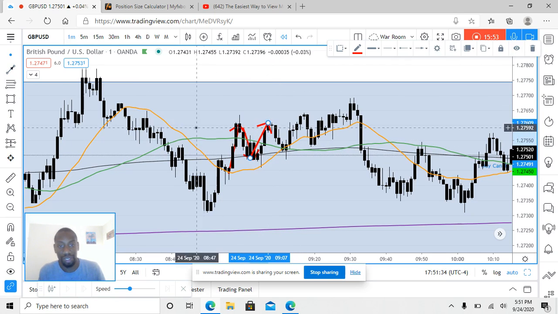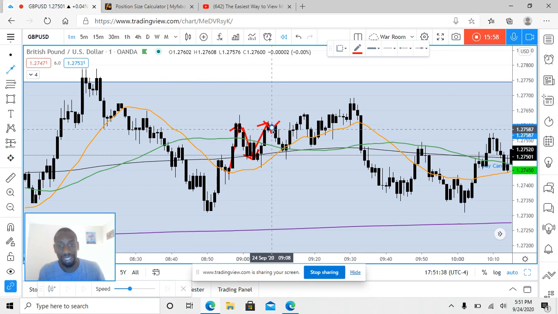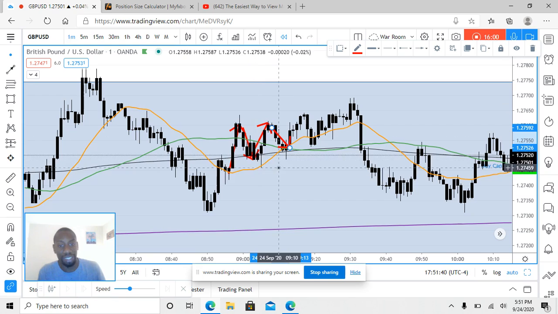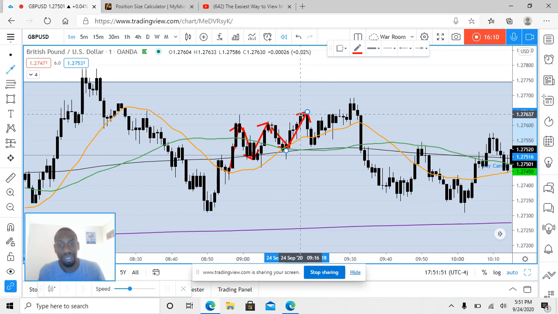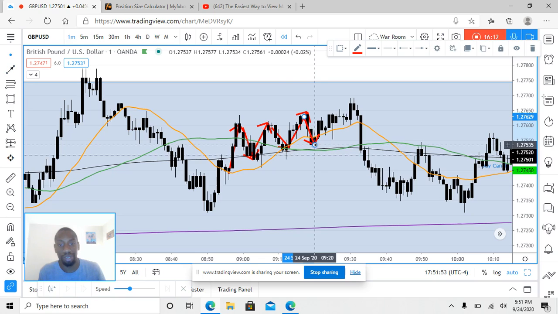Boom. Didn't exactly break structure, right? We're still in this phase, but what are we making? Higher lows. So we're going up. Then what happens? Boom. Still didn't break the structure, so we're going up higher.